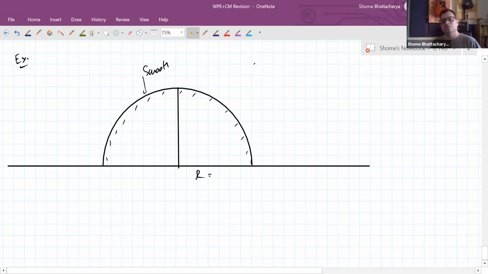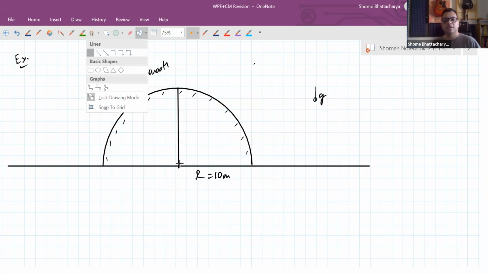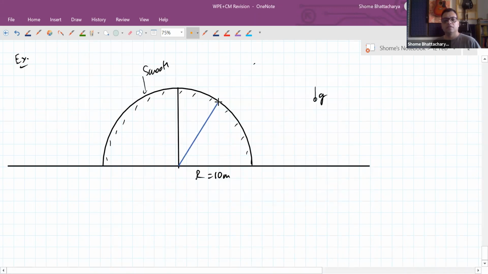It has a radius of 10 meters. Now at some particular instant of time, we have a particle which is sliding down this, and when it is at a position like this, that particle has a velocity that is known to us.